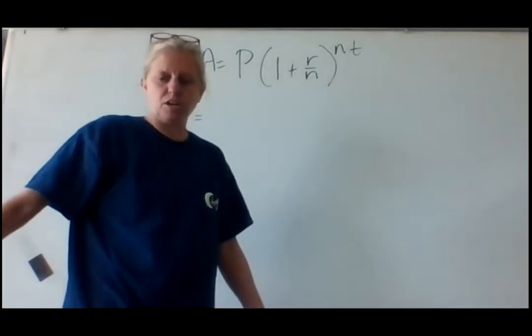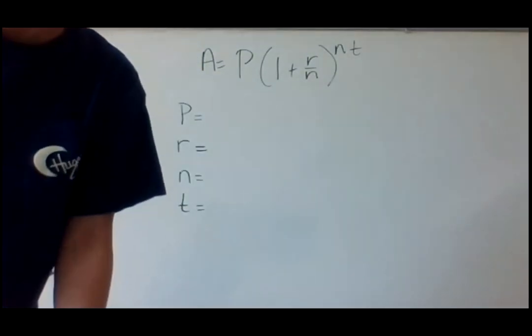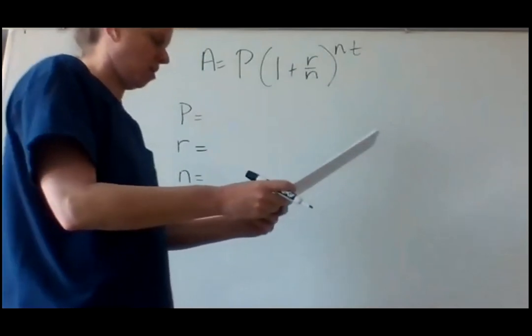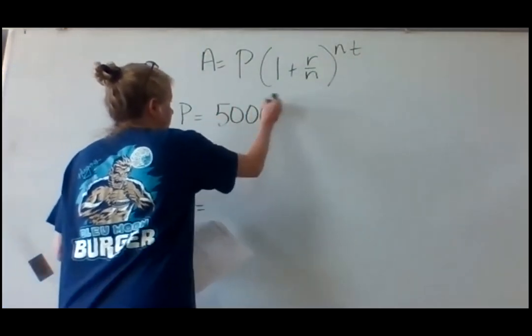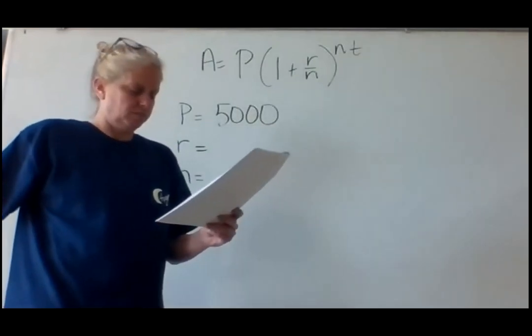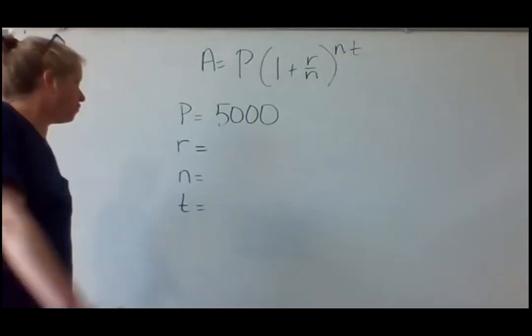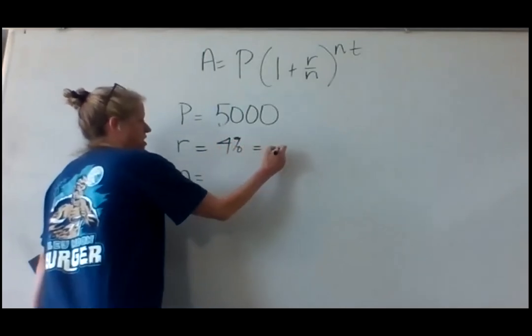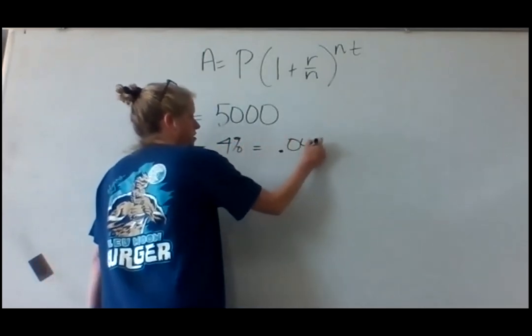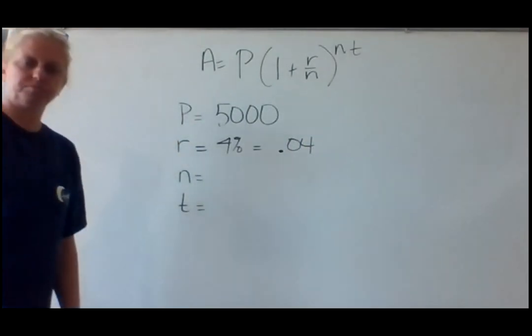Let's see, the principal is how much is invested. That's your initial starting amount. It says she got $5,000. It earns 4% interest, so the interest rate is 4%. If I change that to a decimal, it'd be 0.04.